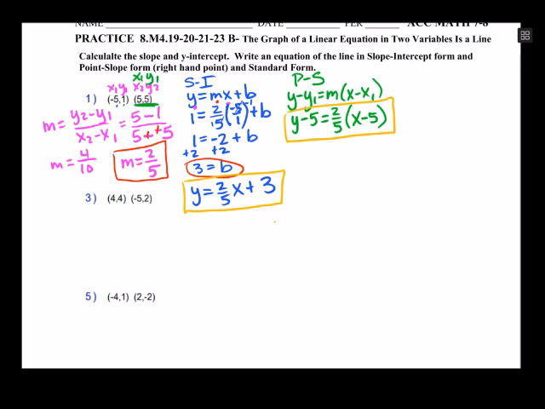It's less useful for giving us information about the situation in the graph. Our final requirement here is to write in standard form. Standard form is our ax plus by equals c.